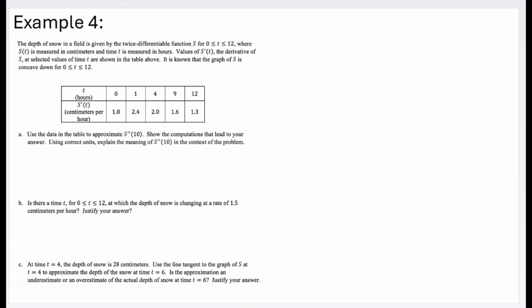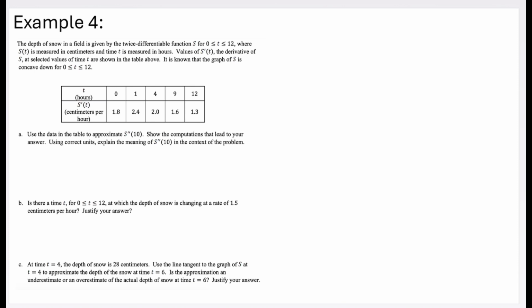So, example 4 says the depth of snow in a field is given by the twice differentiable function S for 0 less than or equal to t less than or equal to 12, where S of t is measured in centimeters and time, t, is measured in hours. Values of S prime of t, the derivative of S, at selected values of time, t, are shown in the table below. I know it says above, but it's below.